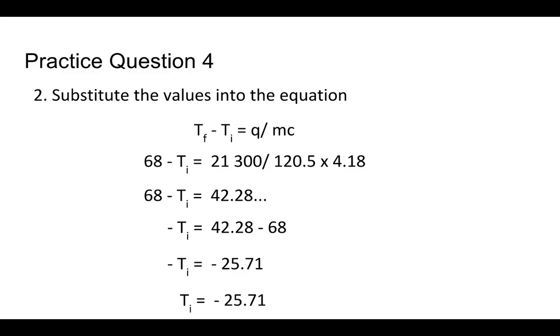That gives us negative temperature initial is equal to negative 25.7. I haven't changed that at the bottom there, but the initial temperature is equal to 25.71, not negative 25.71. And that brings us to the end of our molar heat of combustion calculation session.